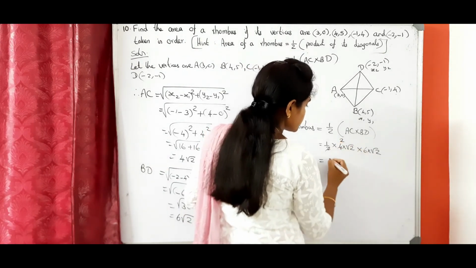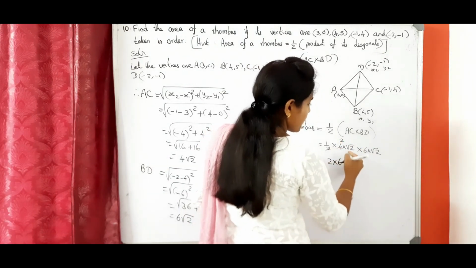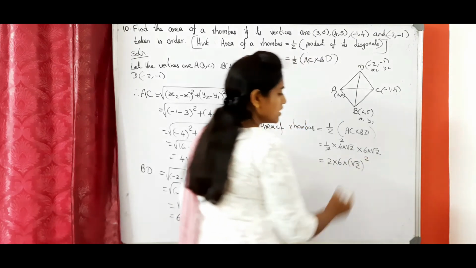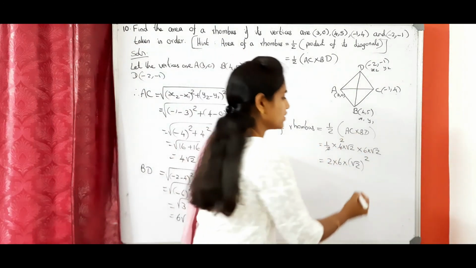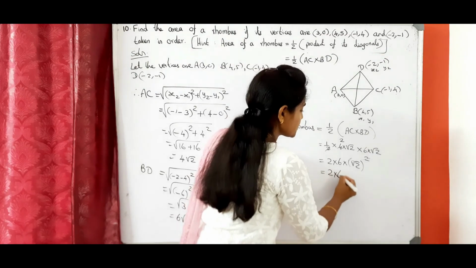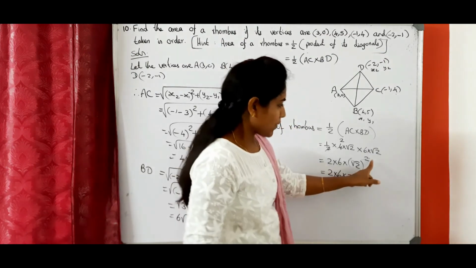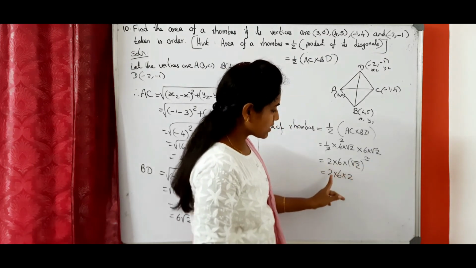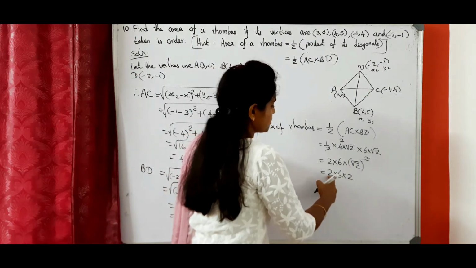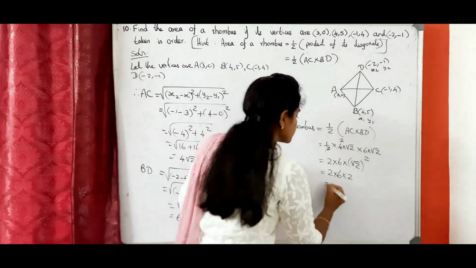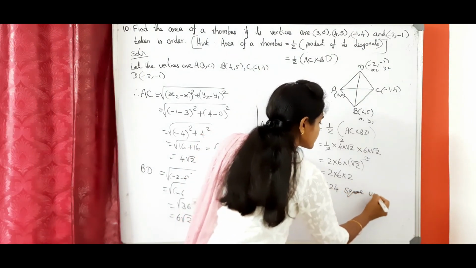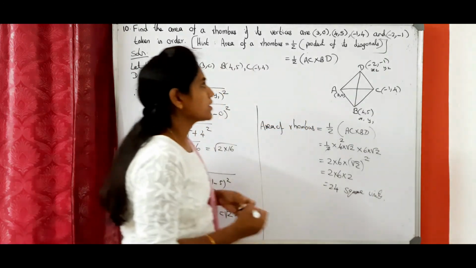So 2 into 6, and root 2 into root 2 is root 2 the whole square. Square and square root cancel, so remaining is 2 into 6 into 2. If you multiply, 2 6s are 12, 12 into 2 is 24. 24 square units.